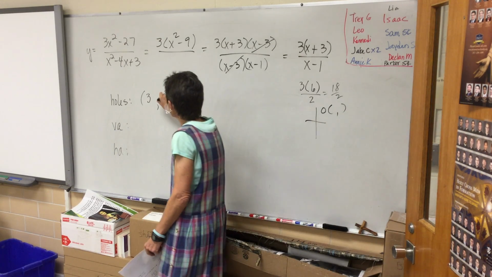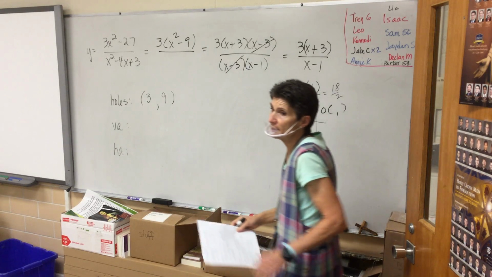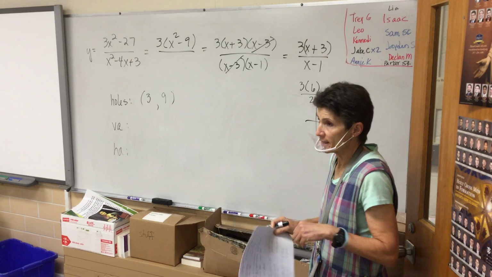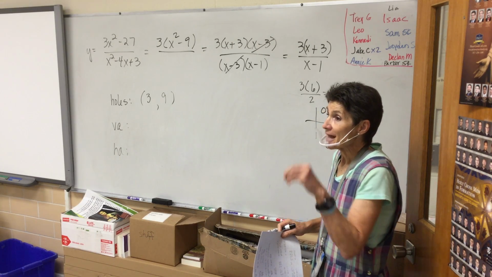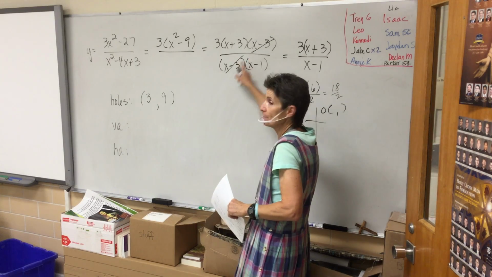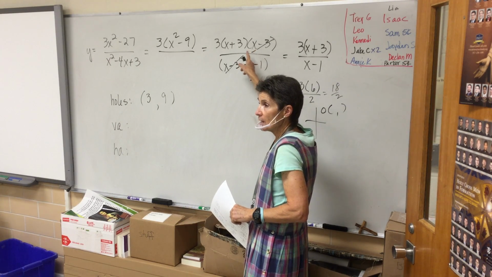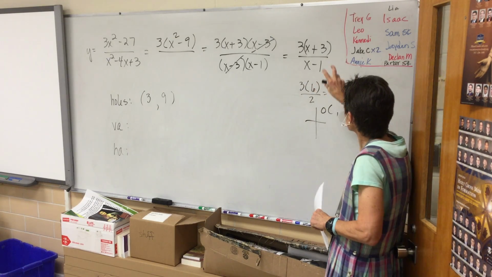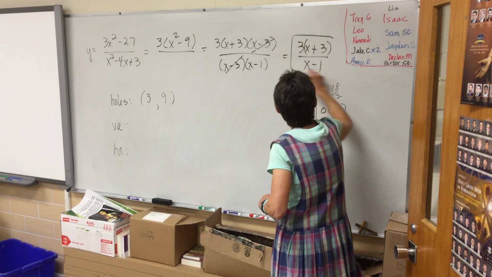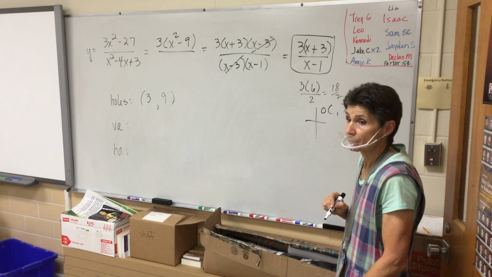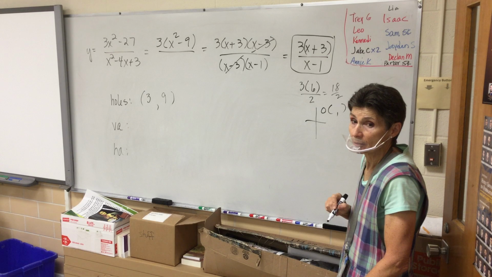So your hole is at the point 3, 9. Where do holes come from? When you cancel. The x comes right from what canceled out. And the y comes from taking that x and plugging it back in to your reduced problem. Okay?